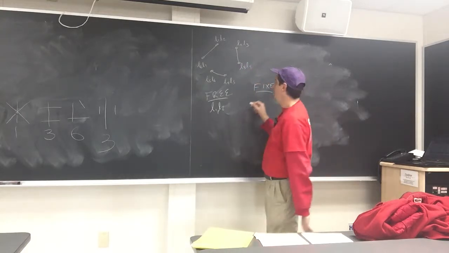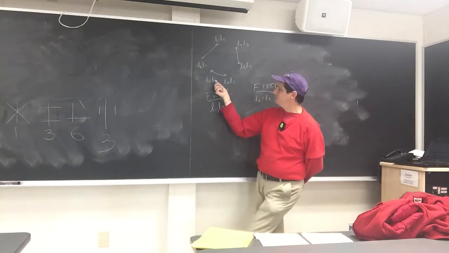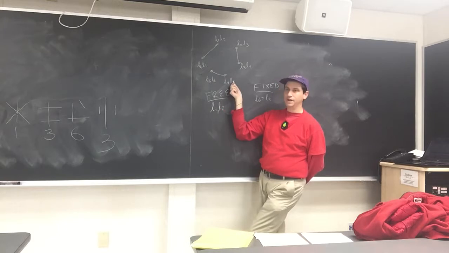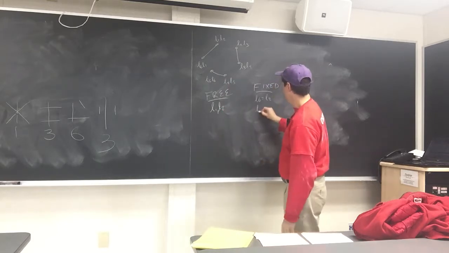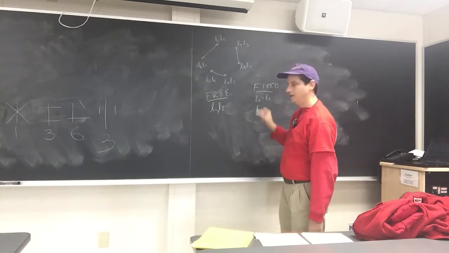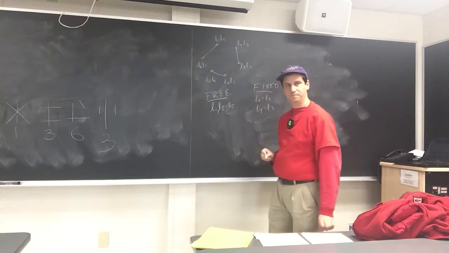It's fixed. In fact, L6 has to equal L2. Now we know L6. L5 equals L5. What do we know about L4? Fixed. And what does L4 equal? L6, which is L2. And now we add L5 as something that's free.